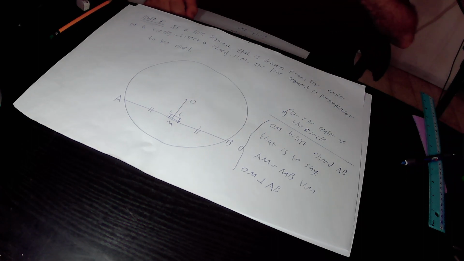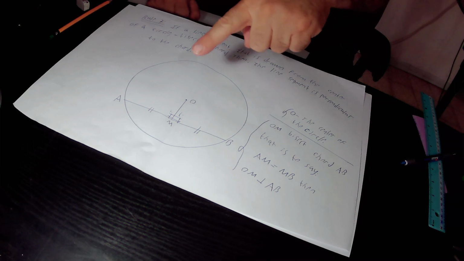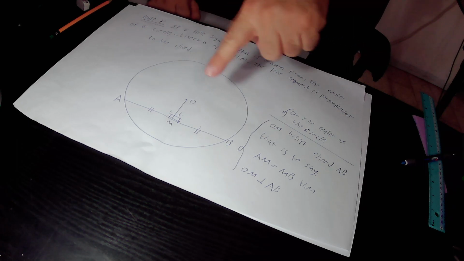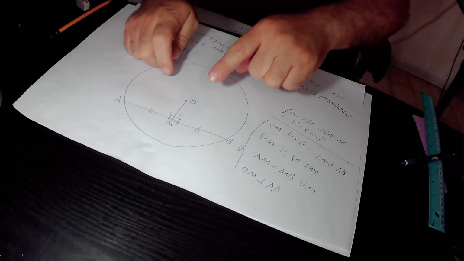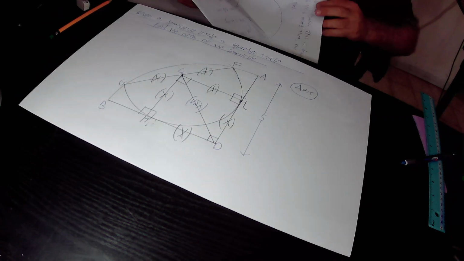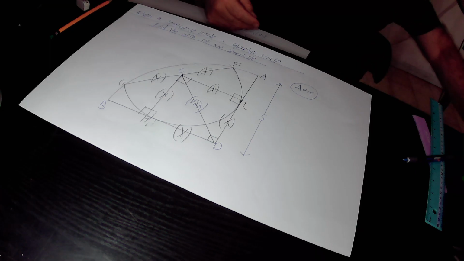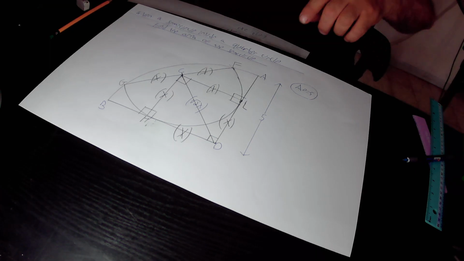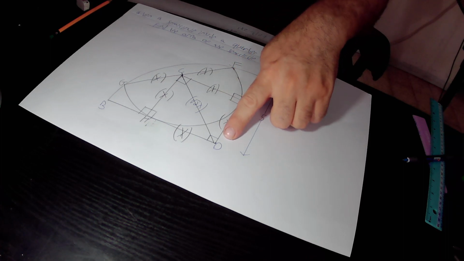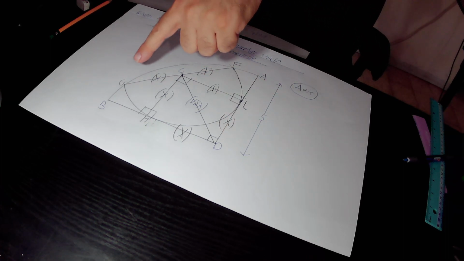So whenever you have a line segment that is drawn from the center of the circle, and it bisects a chord, then the line segment will also be perpendicular to that chord. Here, line segment OM bisects chord AB, and therefore OM is also perpendicular to chord AB. That is to say, this angle equals 90 degrees, and this angle also equals 90 degrees, according to rule 7. So we can implement rule 7 in our drawing, because from the center of the quarter circle, that is from point O, we have line segment OC that bisects chord GF.